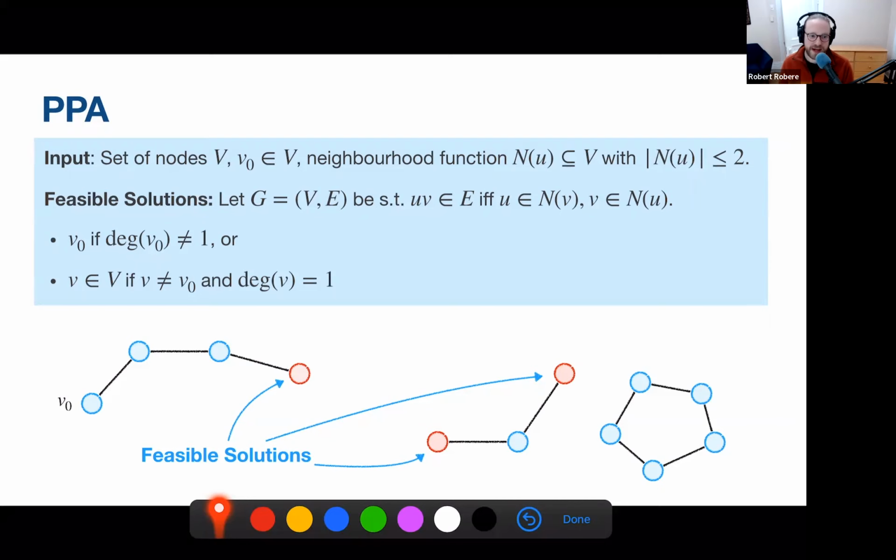Now the feasible solutions: I evaluate this neighborhood function on all the nodes to create a graph. Then the solutions will be the distinguished node if its degree is not 1, or any other node if its degree is 1. So these are all degree 1 nodes, and basically I'm forcing one odd degree node into the graph, and the solutions are any other odd degree node.